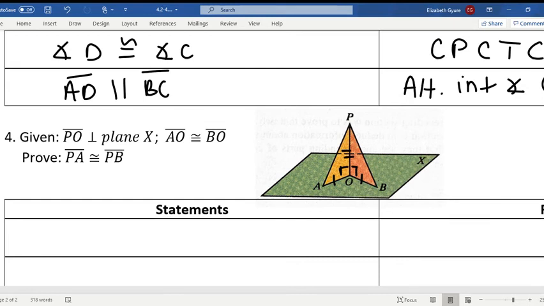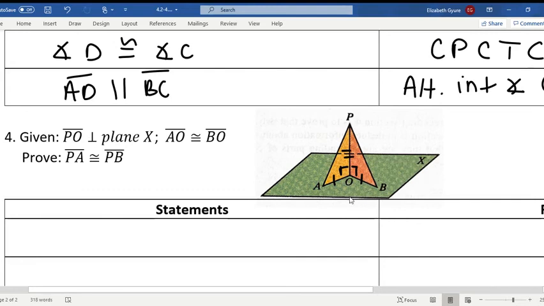So will I have enough information to show those two triangles are congruent? Absolutely. By what postulate? Side, side, side, side angle side, or angle side angle? Logan? Side angle side. Yeah, we have our shared side. We'll have our right angles here, and then our side that was given to us.